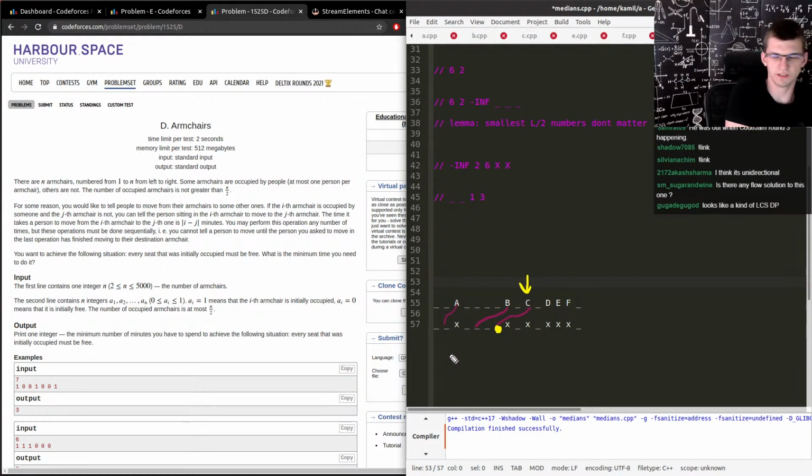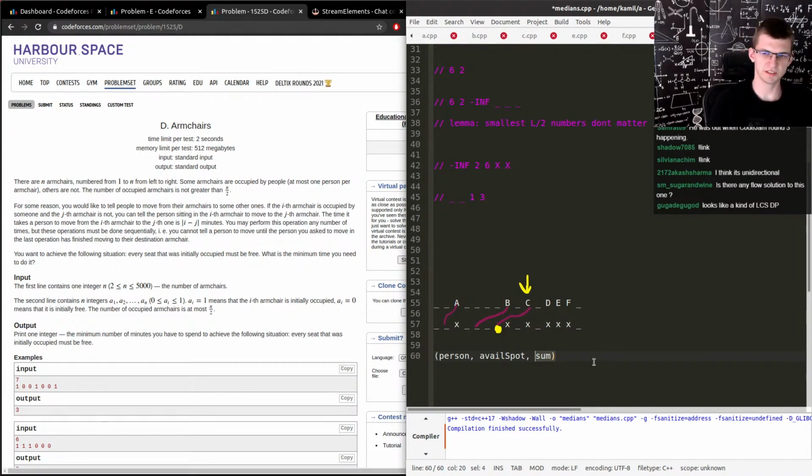It matters what's the sum of values used, sum of distances. But what's important so far is the person last used, the last used available spot, and the sum of distances.